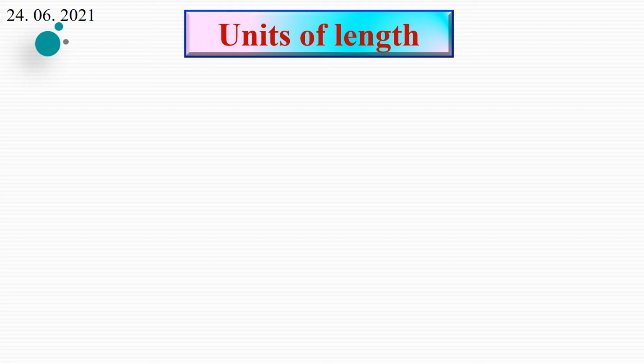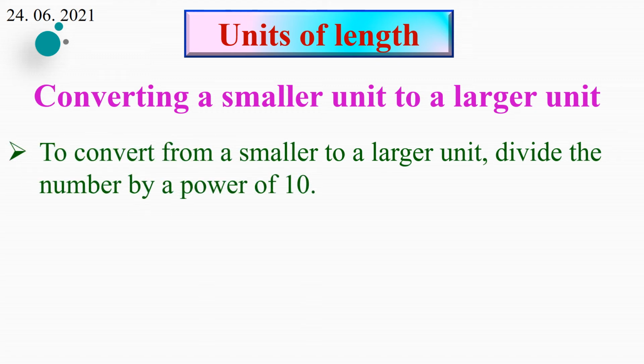What is length? The length is used for measuring the size of an object or the distance from one end to the other end. Let's see converting a smaller unit to a larger unit. When we convert a smaller unit to a larger unit, we have to follow some steps.